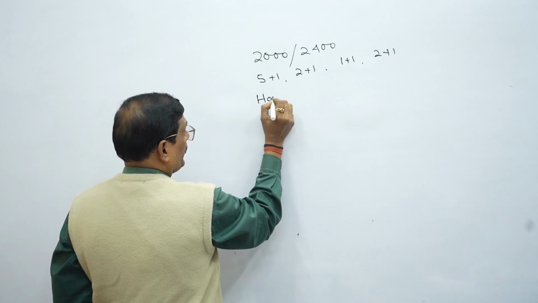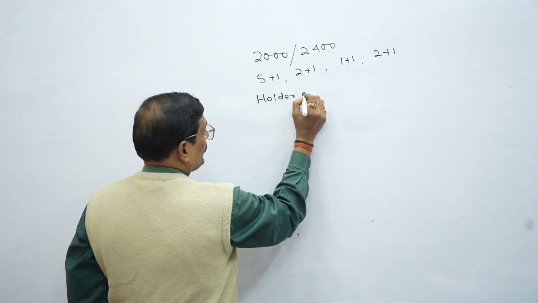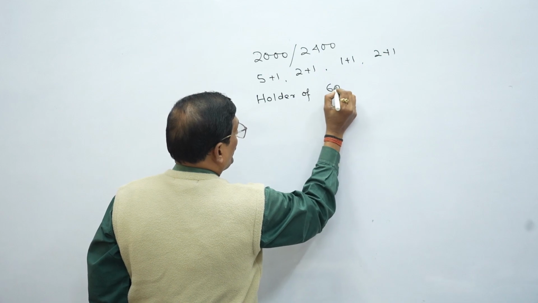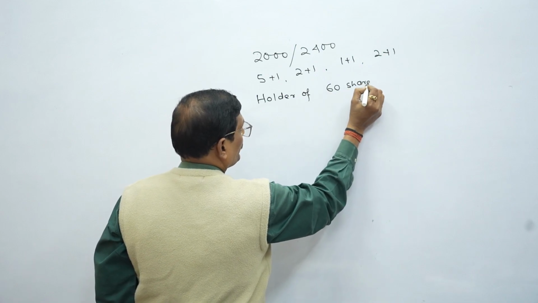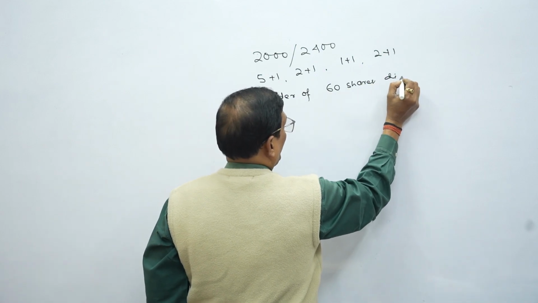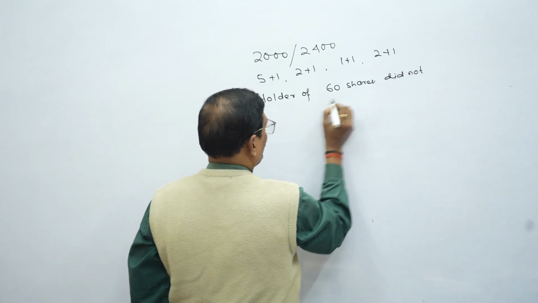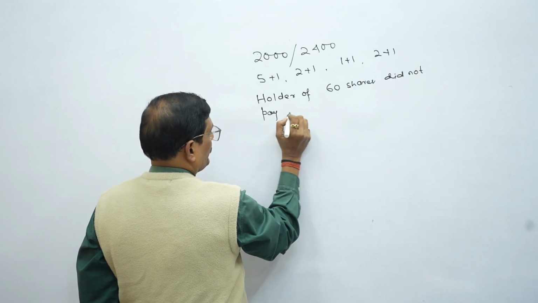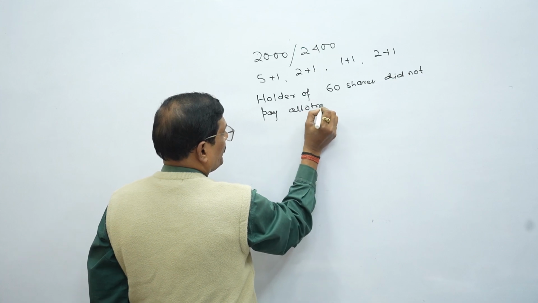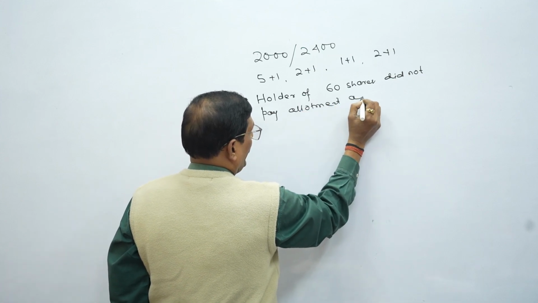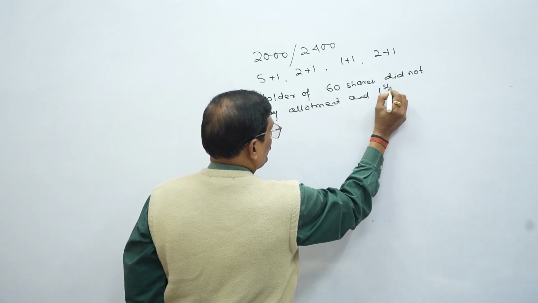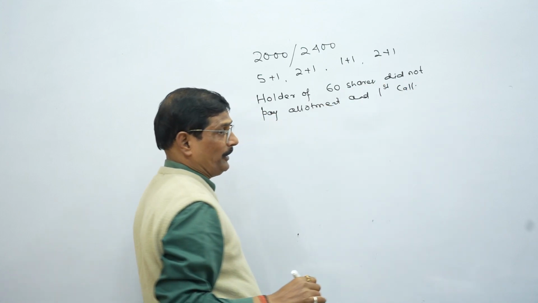One is holder of 60 shares did not pay allotment and first call and were forfeited.